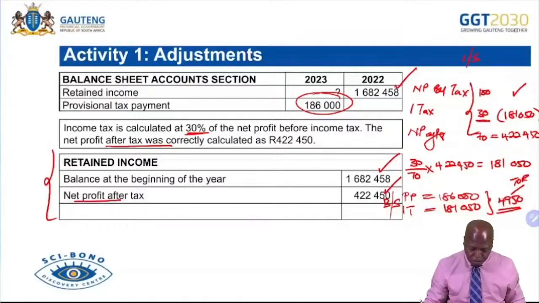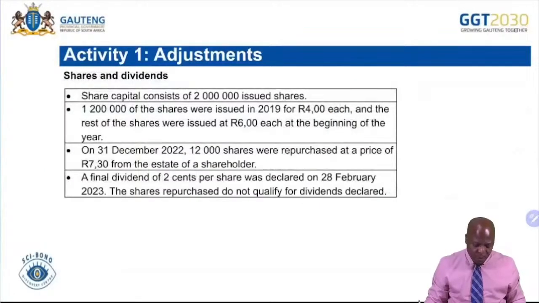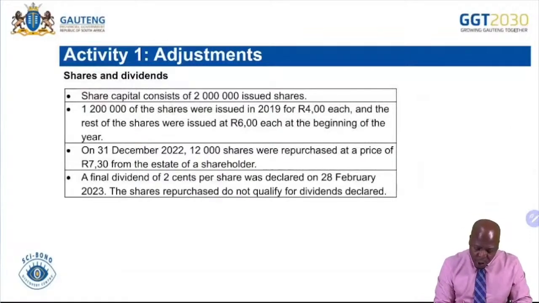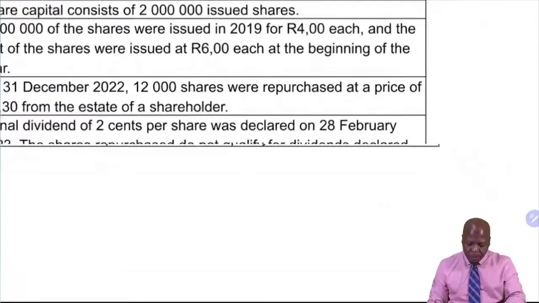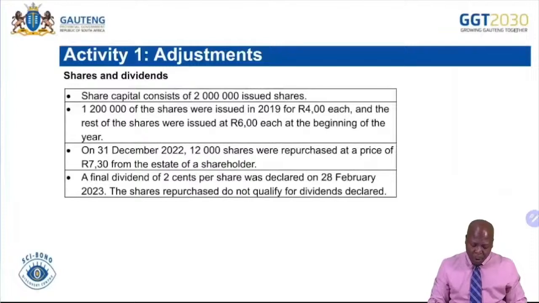It therefore means we continue now with the retained income. Let's go and see. We're then told that the share capital consists of this, and there are shares that have been repurchased. We are told the share capital consists of 2 million shares, and then 1.2 million of the shares were issued in 2019.